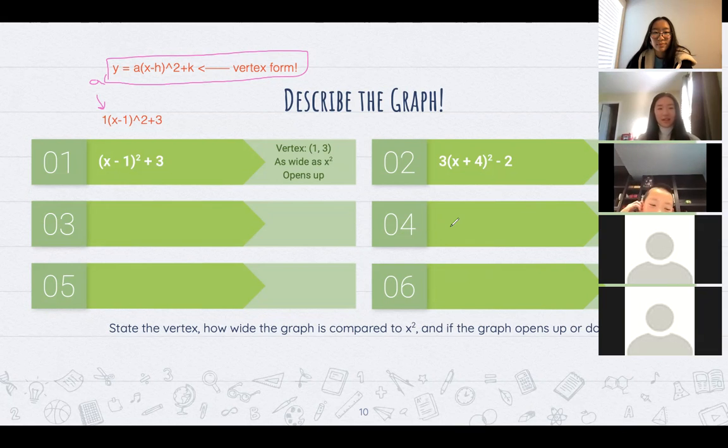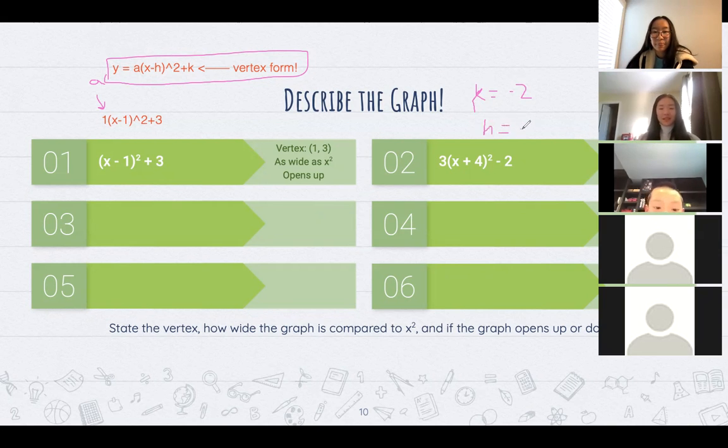The K is the last number at the end. Is it +4 or -2? It's -2. K is -2. And then H is not 4. You have to find the opposite of it, make it negative. So it's -4. Yeah, so it's -4.